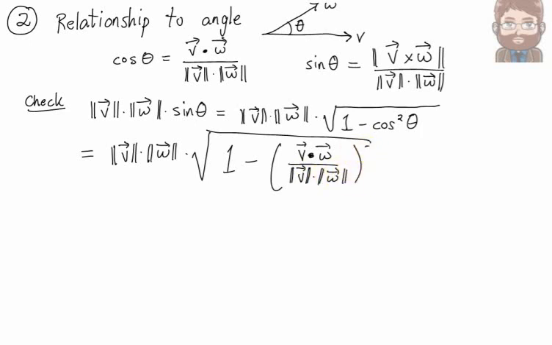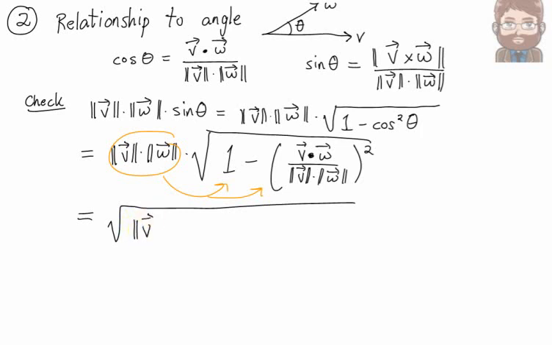Next, I'm going to take the lengths of these vectors and move them inside the radical. They become squared as we move them inside, and I have to distribute to each term. So now I have the length of v squared times the length of w squared in place of the 1, minus, well, the length of v times the length of w squared cancels out the denominator of the pre-existing fraction in the radical. And then you can do a lot of algebraic simplification.